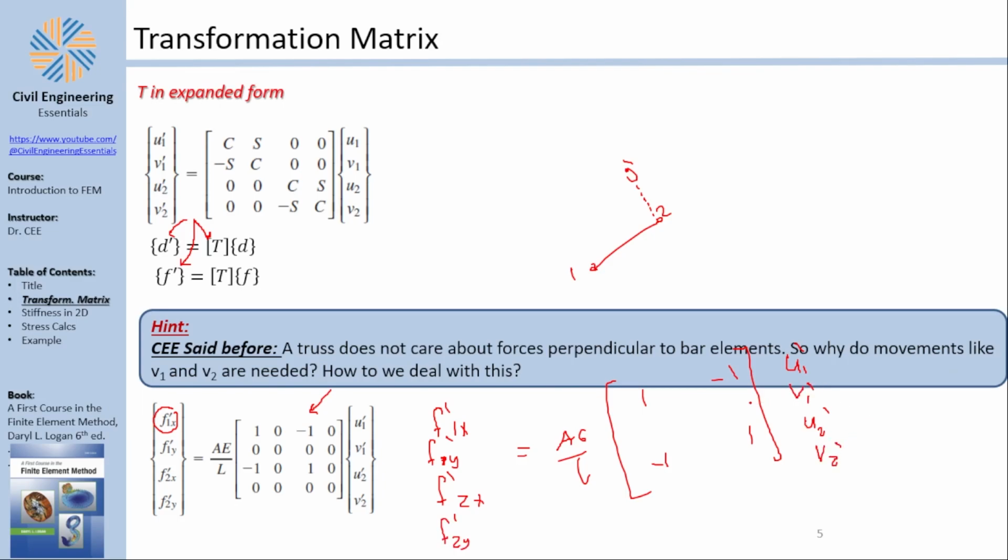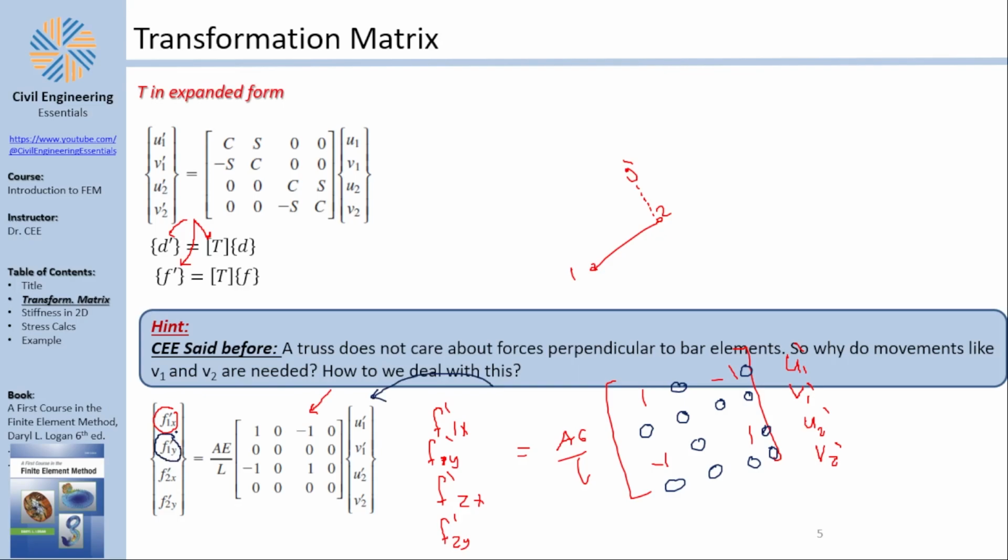I would say, wait a minute, you said before that nobody cares about the force perpendicular to the bar because it's a truss member. And the answer is yes, nobody cares about this. And that's why we're going to fill this with zeros and fill this with zeros, basically. What does the action of filling zeros give you? Try calculating F1y in the local.